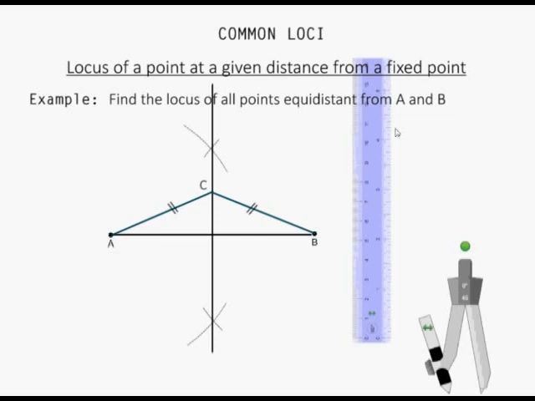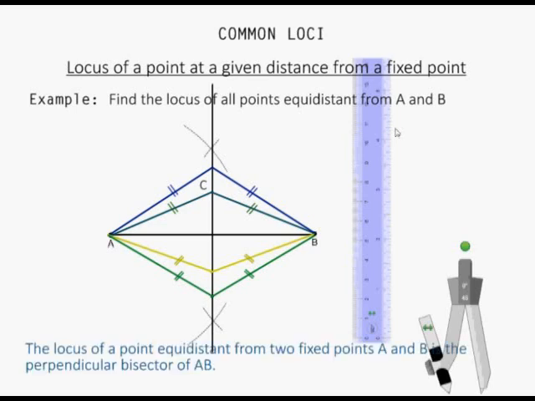And AC is equal to BC. And you can draw infinite number of isosceles triangles on either side of the line. And so the locus of a point equidistant from two fixed points A and B is the perpendicular bisector of AB.